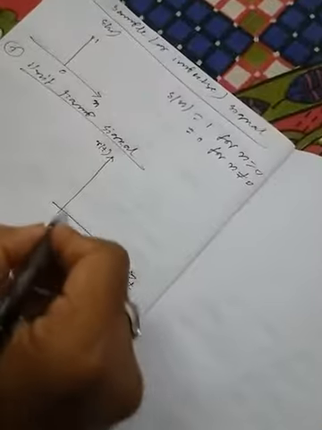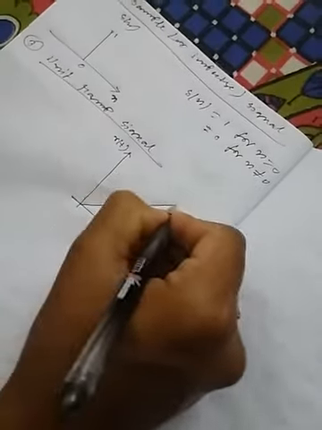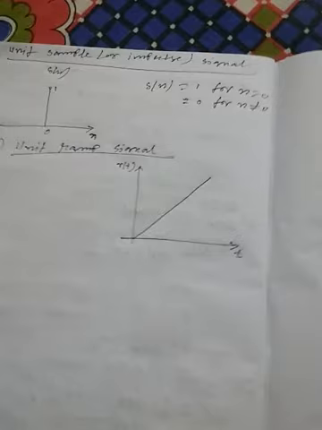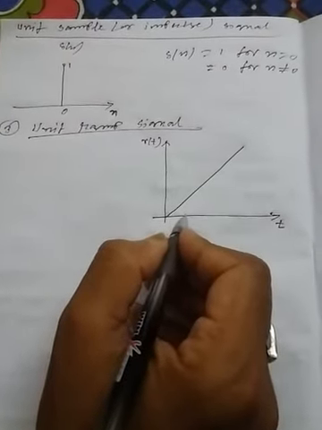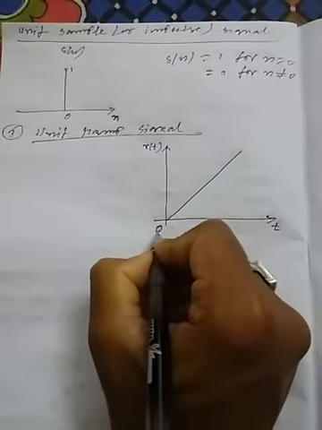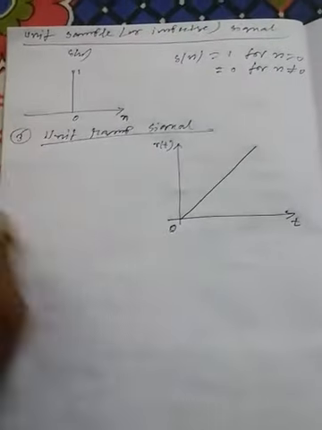The graph is this. Okay, this angle is 45 degree, right? So this starts from time t equal to 0.